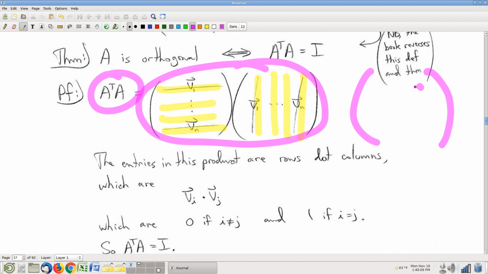That means I'm looking at the ith row of the left matrix and the jth column of the right matrix.